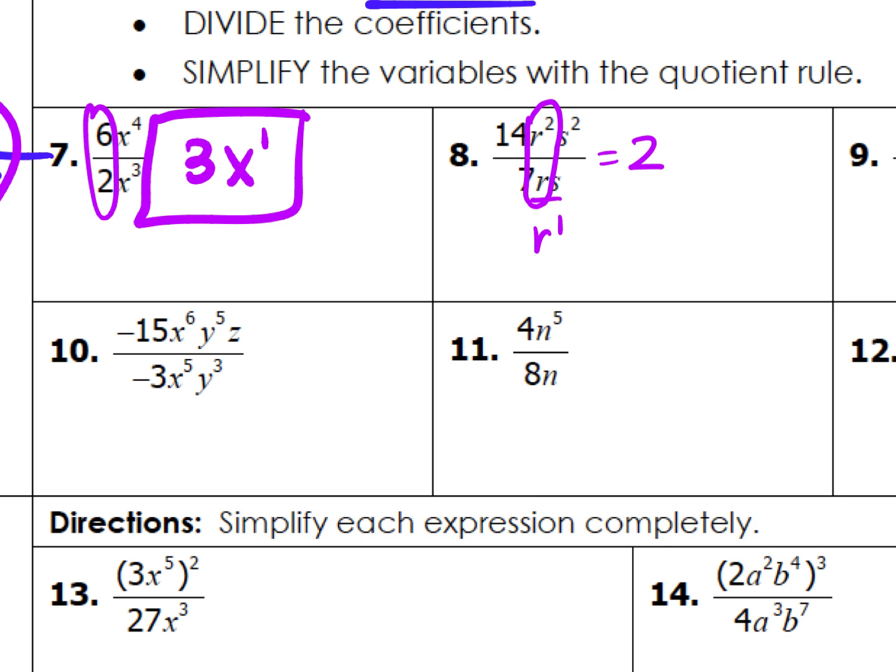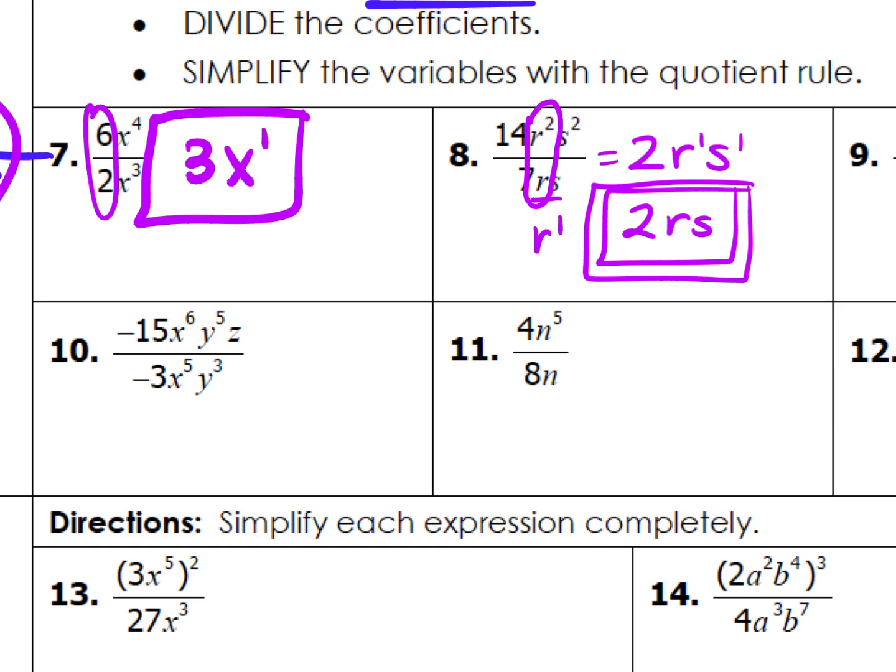So if this is r squared and r to the first and we're subtracting, then we're left with an r to the first. Now you can ditch the 1. You don't need the 1. I'd prefer you don't put the 1, but it's not wrong if you have a 1 there. So then s to what power? First power. So really 2rs is your best answer.